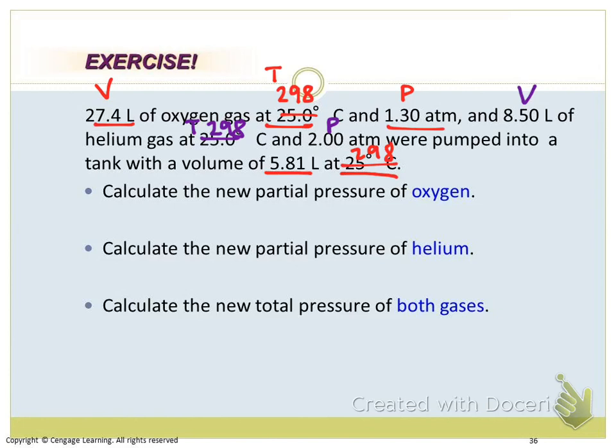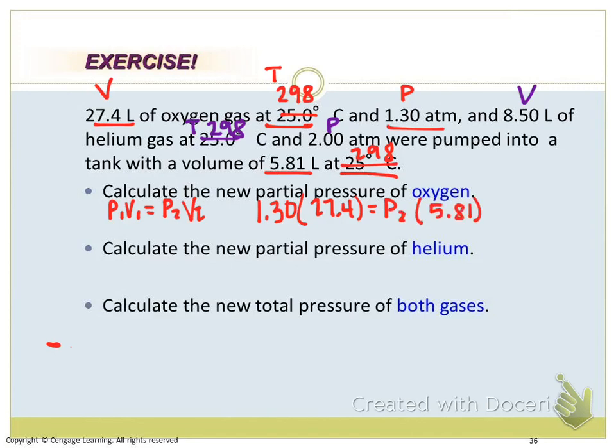So oxygen, if I use Boyle's law, has a pressure of 1.3, volume of 27.4, equals P2, which we don't know, and our new volume is 5.81.